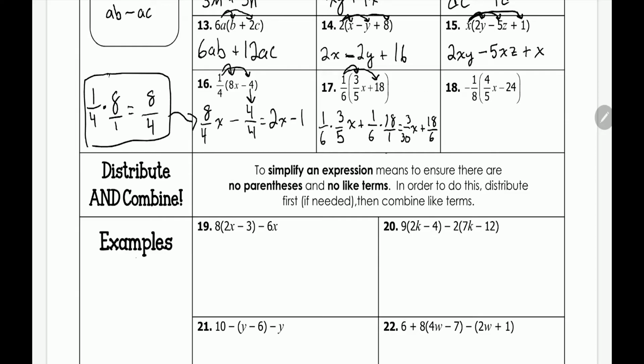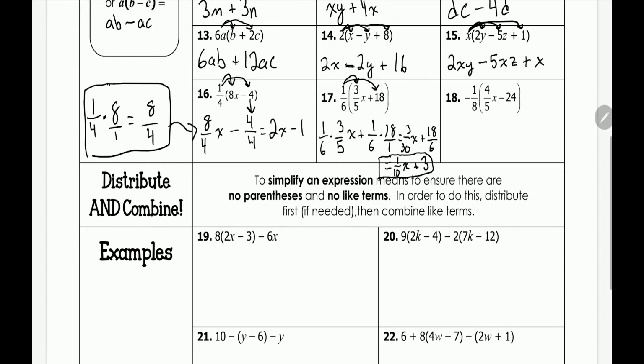And if we simplify this, 3 over 30 simplifies to 1 over 10 x plus 18 over 6 simplifies to just 3. So this right here is our answer for number 17.